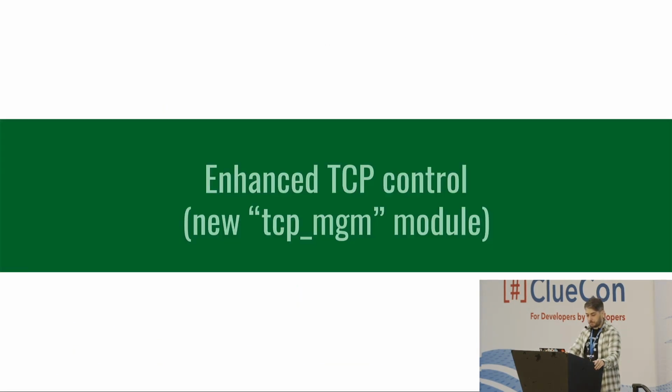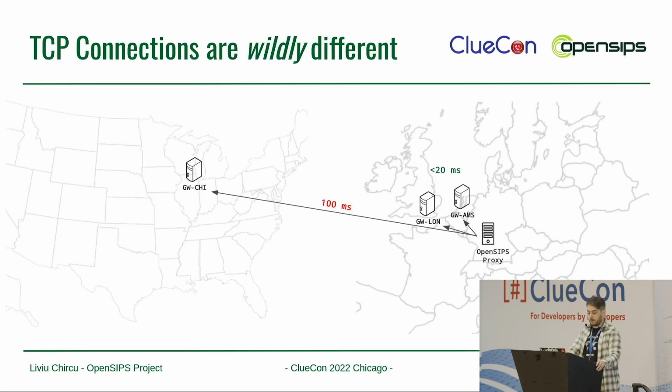Also some work on the TCP layer, where we gave you more flexibility to fine-grain control the connections taking place. For example, before 3.3, you would only set some global parameters on the TCP connections once, and that would be it. But now you can take it to each connection level.